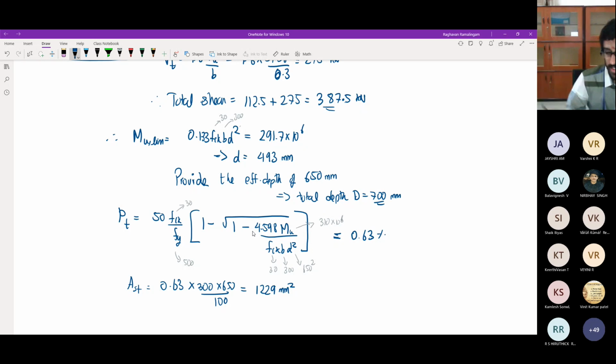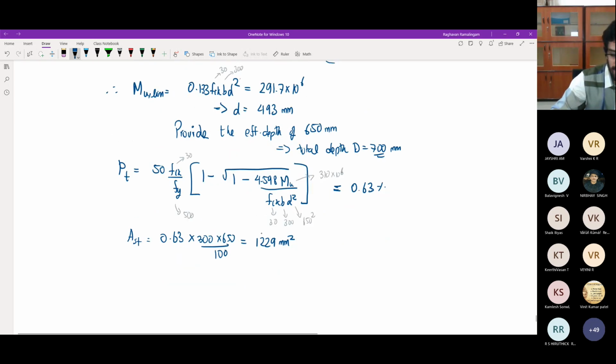Yes, sir. Okay, so this is a good number. So I'll give 4 numbers of 20 diameter bars. This will correspond to about AST equals 1256 mm square. Corresponding actual PT will be... Why I need the actual PT now is because I need to find tau c and all those things.